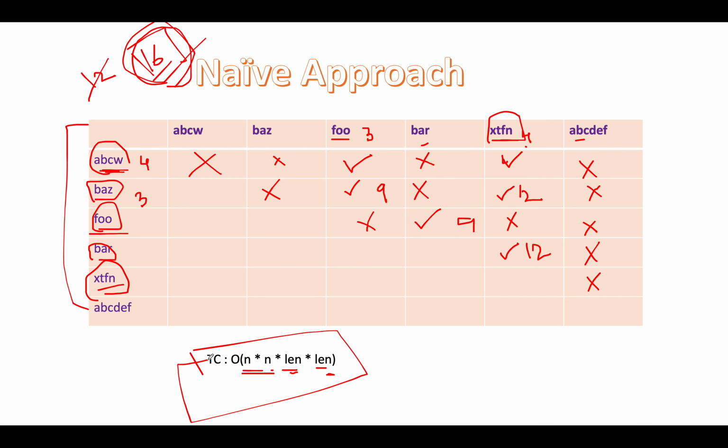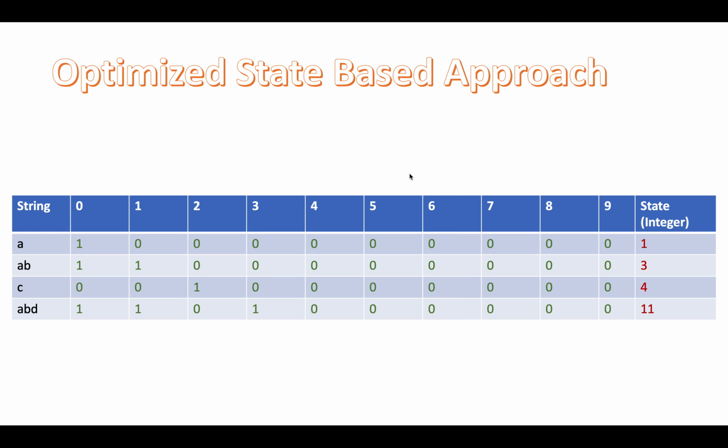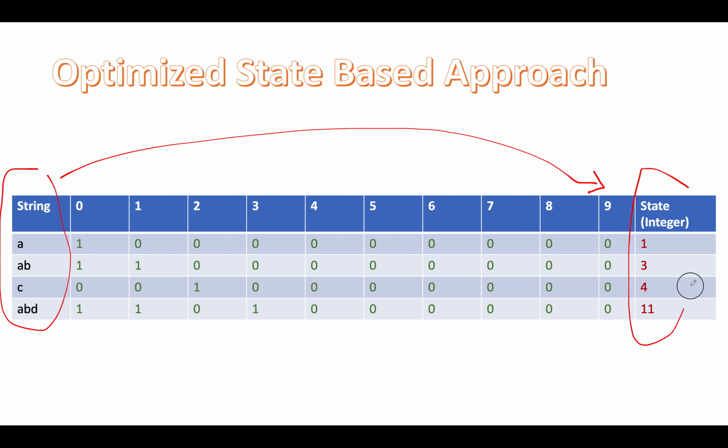The answer is yes. The second approach is an optimized state-based approach, where using the input string we calculate a state of a word, and using the state variables that we have calculated, we'll try to analyze whether there was any character common between the two words.